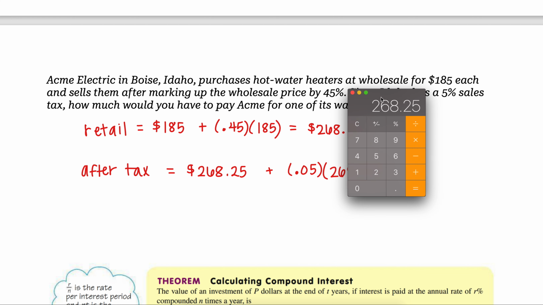And again, I'll go to the calculator. So here's the sales price times 5%, 0.05. So in sales tax, we've got another $13.41, rounding to dollars and cents because we're talking about money here. Add that to $268.25. And your price, if you're purchasing it, walking out the door, will be $281.66.